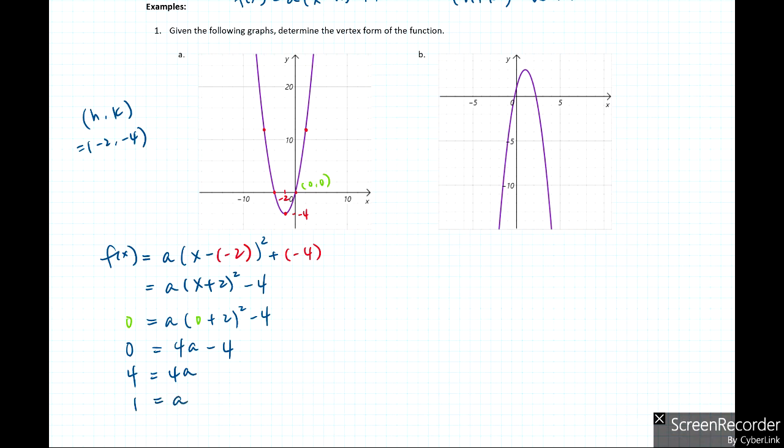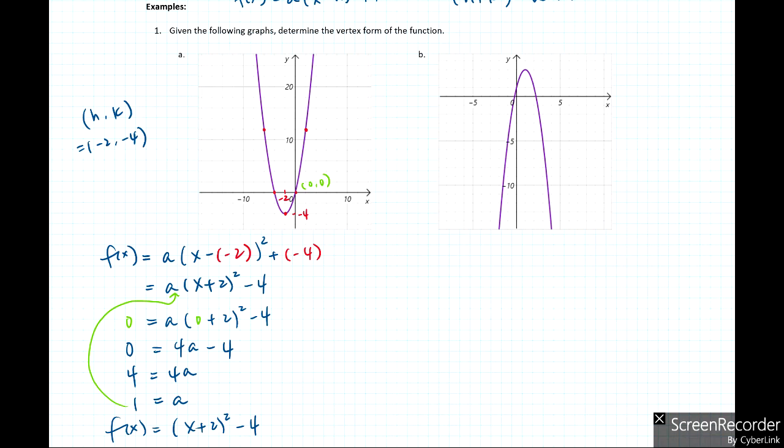Therefore, the leading coefficient a is equal to 1. In other words, f of x is equal to 1 times (x plus 2) squared minus 4. We're just plugging our a value into the a over here.